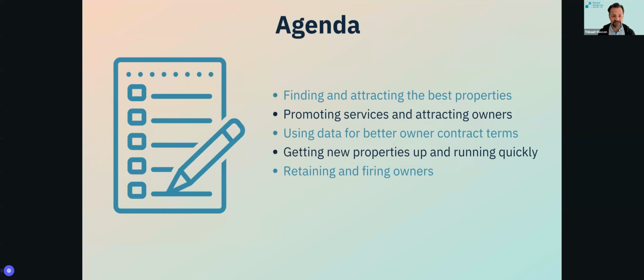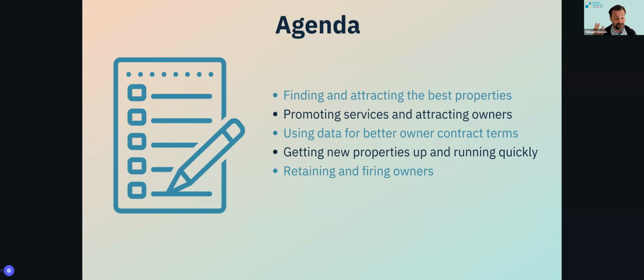So, topics of the day. I'm going to be asking questions. I want to know, for example, how to find and attract the best properties in a market, not just a property, the best properties in the A market. How, as a property manager, can I promote my services to attract owners? How can I use data to put good terms in my owner contract, or start setting expectations right with the owner so they are happy when we work together?